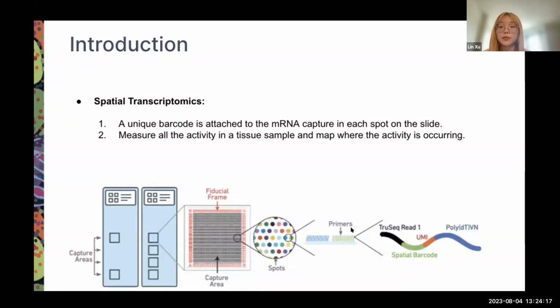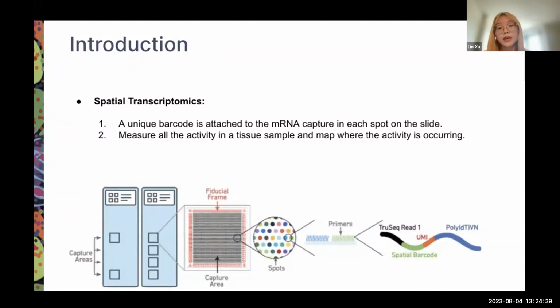And the primers will capture the RNA at those spots. And the captured RNA is converted into cDNA, which acts as a copy of the RNA. And each cDNA for each different spot will receive a unique special barcode that is just like a special ID so that we can easily use it to do some search.